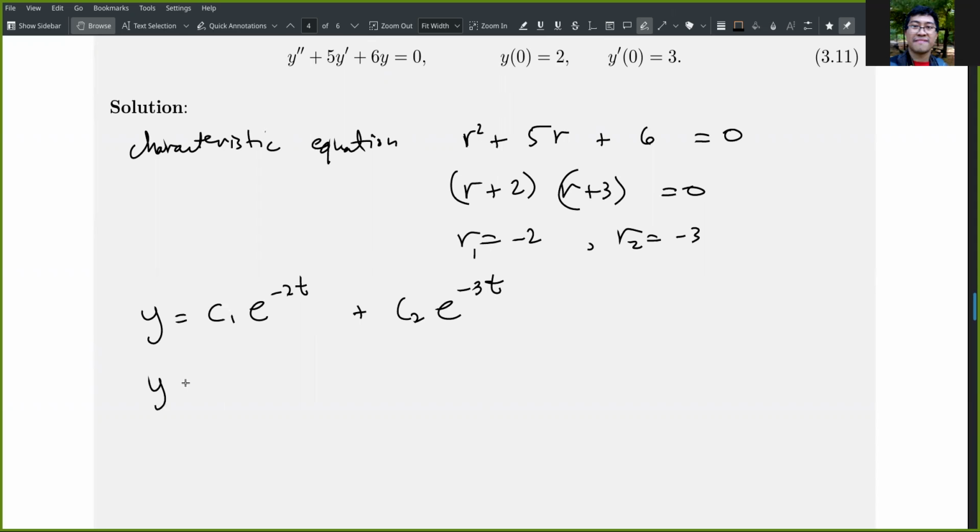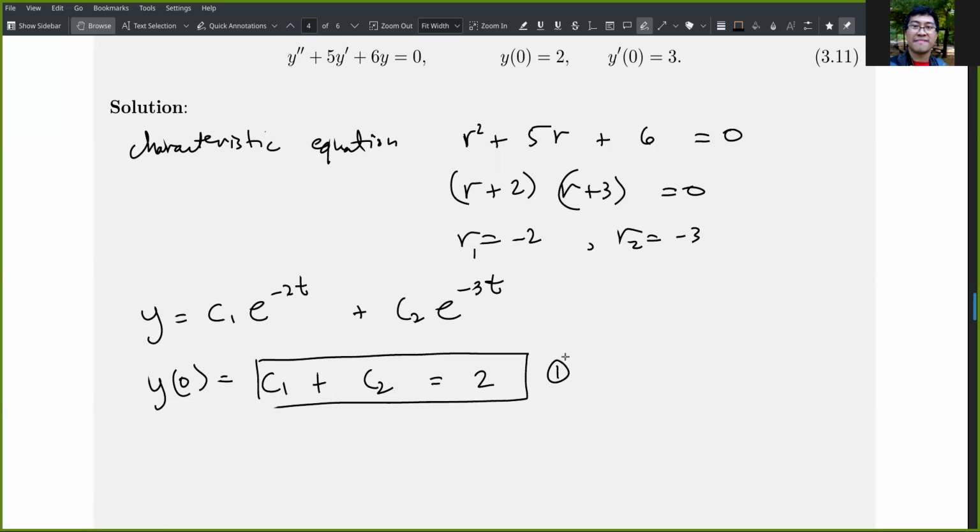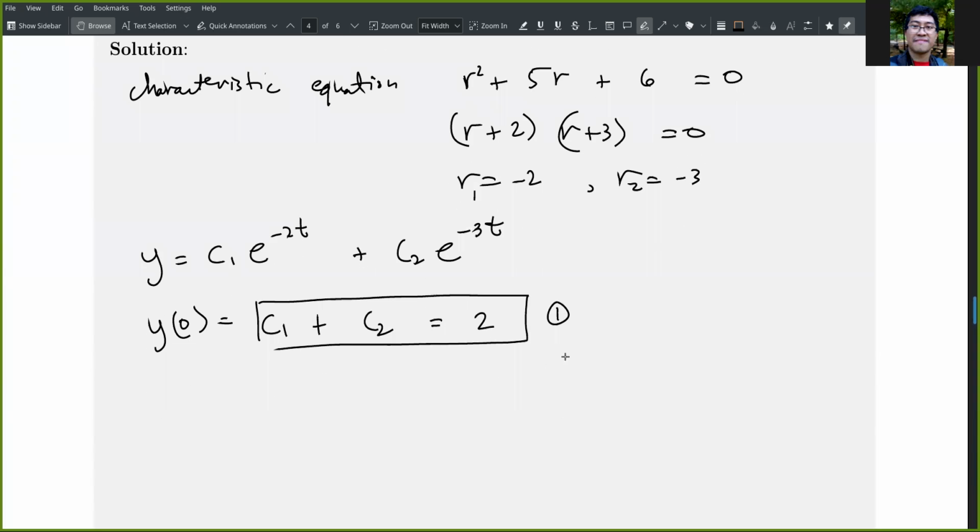So y at 0 equals c1 e to the power of 0 plus c2 e to the power of 0 equals 2. So we get this expression. Let's call this equation 1. Now let's take the derivative of this. So we have y prime equals negative 2 c1 e to the minus 2t minus 3 c2 e to the minus 3t.